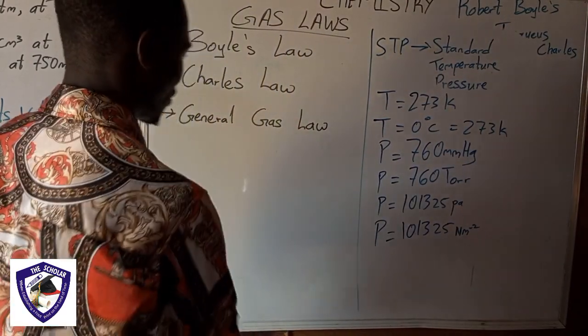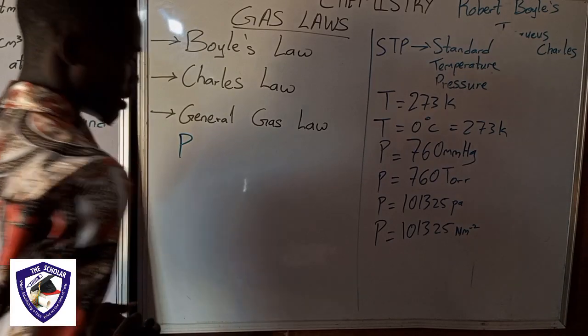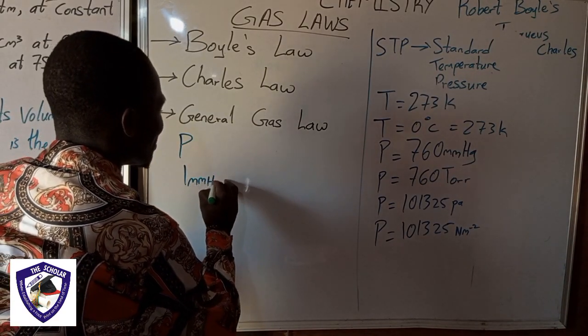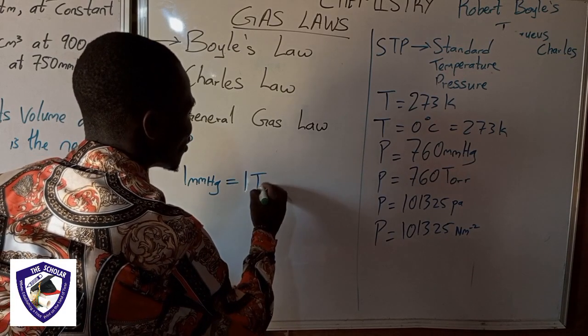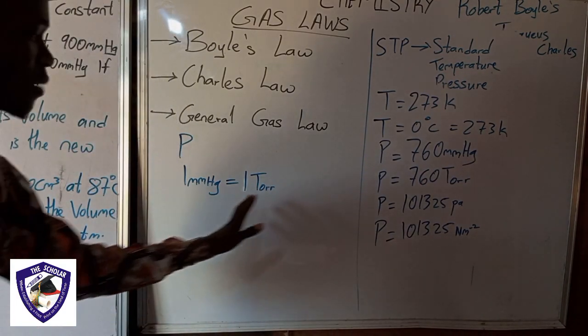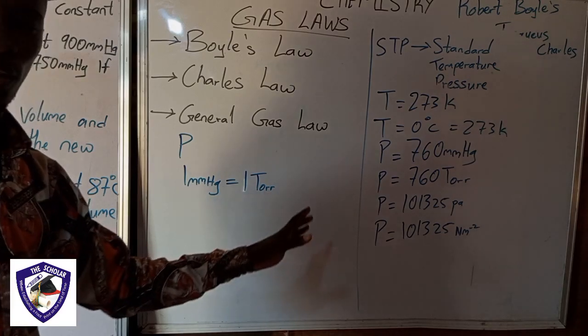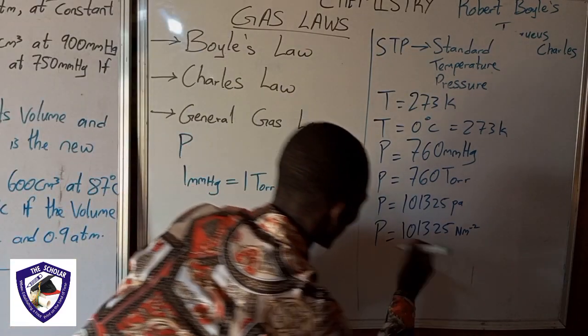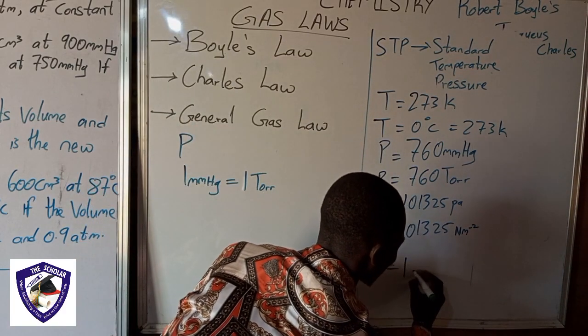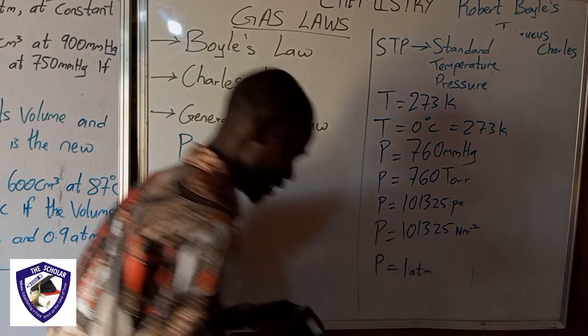So I can say that 1 millimeter mercury is equal to 1 torr. Are you with me? Oh, I forgot to add that pressure is also measured in atm, and the value is 1 atm.